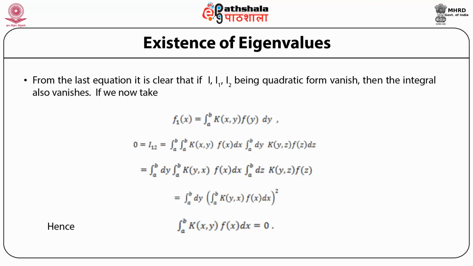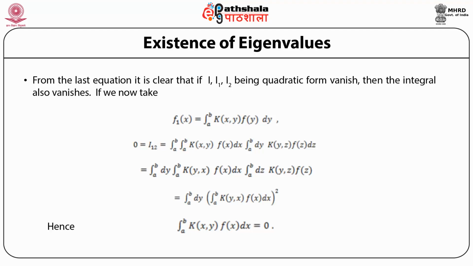This is equal to the integral dy from a to b of the integral dx of K(y,x) f(x) multiplied by the integral dz of K(y,z) f(z), which is equal to the integral dy of the square of the integral of K(y,x) f(x) dx from a to b.